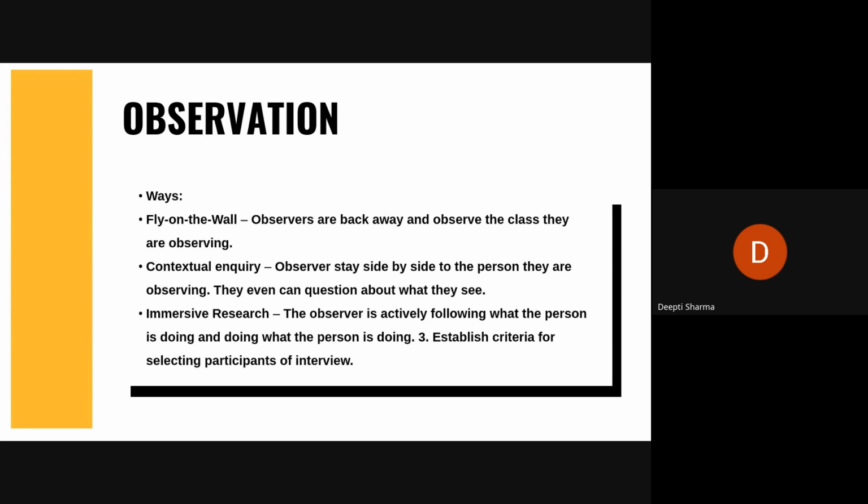They can even question what they say. And in the third, immersive research, the observer is actively following what the person is doing and doing what the person is doing. So following whatever the person is doing is also a part of immersive research.